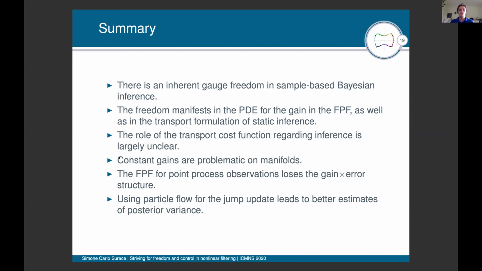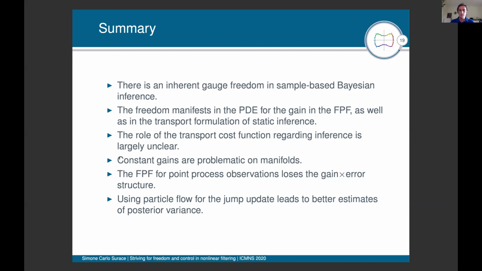And regarding the second project, I tried to explain why constant gains are problematic on manifolds, but also in terms of uncertainty quantification on Euclidean space. And an important thing I forgot to mention: because we split the feedback particle filter into jump and between jump, we really lose the gain times error structure that was present in the feedback particle filter.